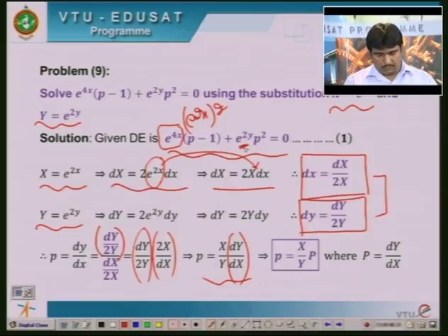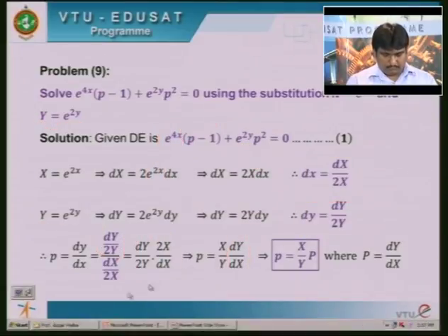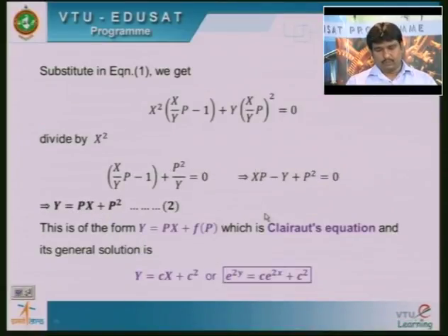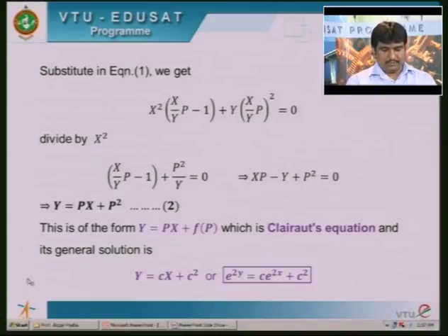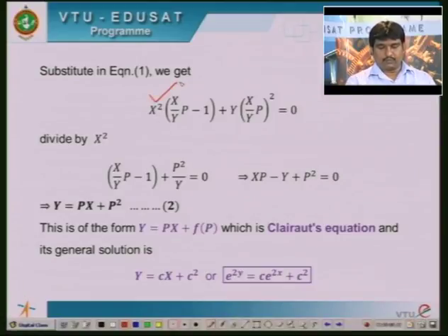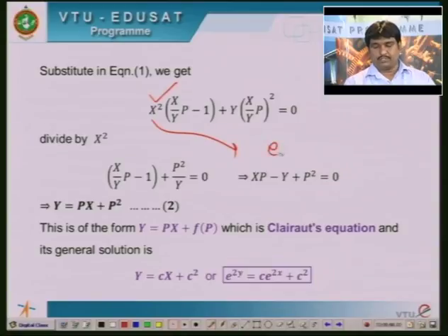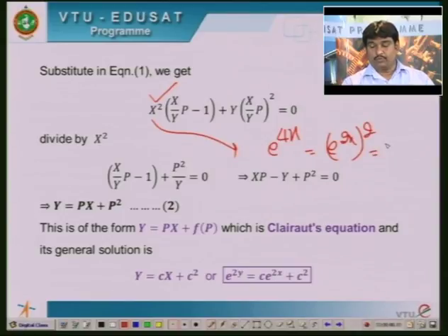You substitute for small p also. As I said earlier, it is capital X square, which is corresponding to this term e to the power of 4x, which is e to the power of 2x the whole square. E to the power of 2x is x, so it is x square.